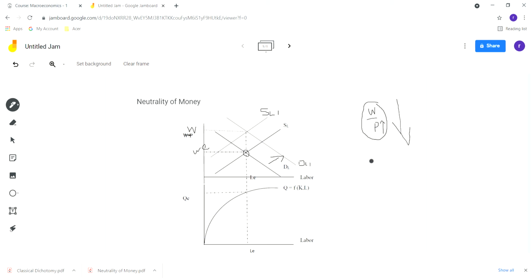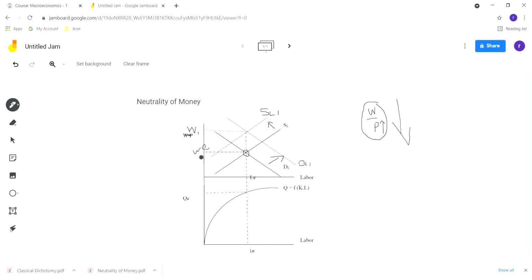So what happens? The labor supply curve shifts to the left. We can see here labor supply curve has shifted from SL to SL1, and the new equilibrium should be here, where we have a less than full employment situation. But here, because the demand for labor is higher and prices have risen, producers will be willing to increase the money wage rate from W to W1.